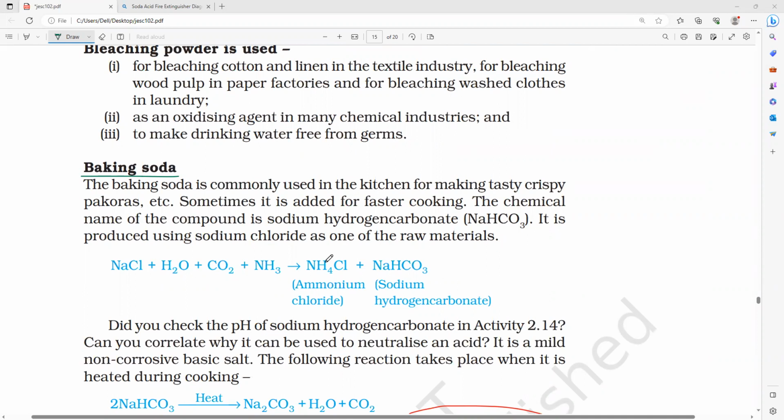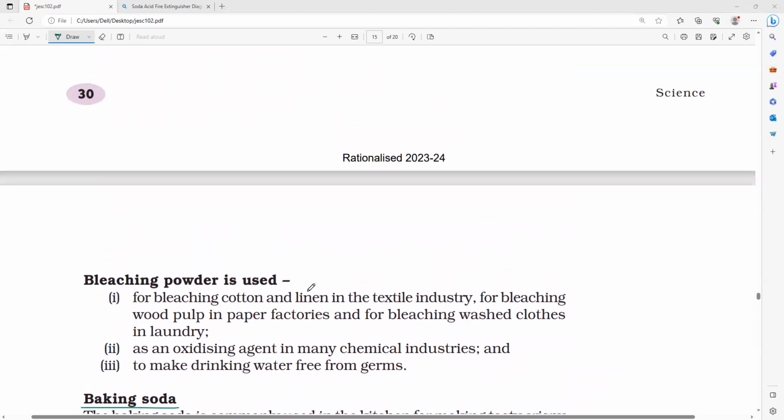In the manufacturing of chloroform, we use some component. Chlorine gas, yes. We use chlorine gas for manufacturing bleaching powder, and also for manufacturing chloroform.